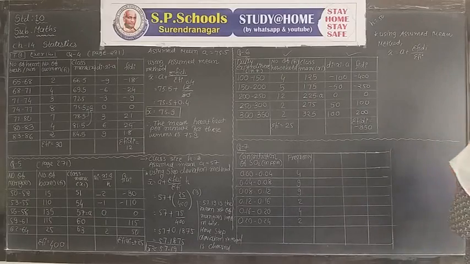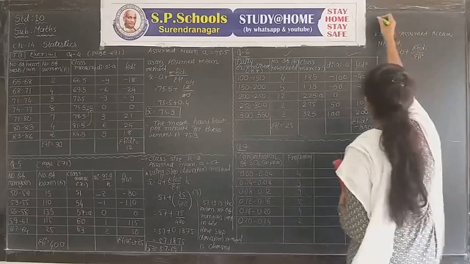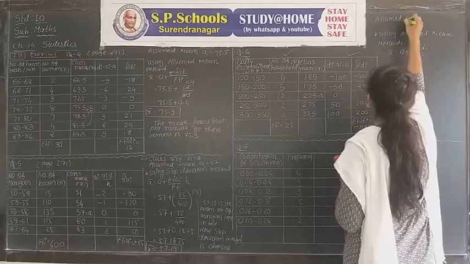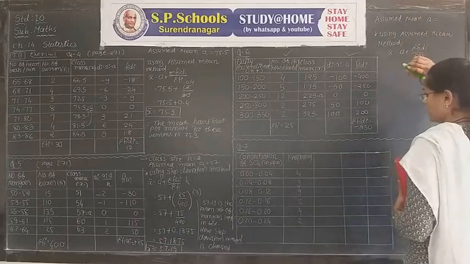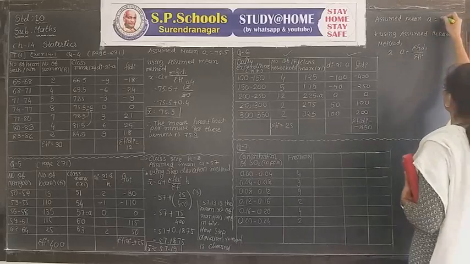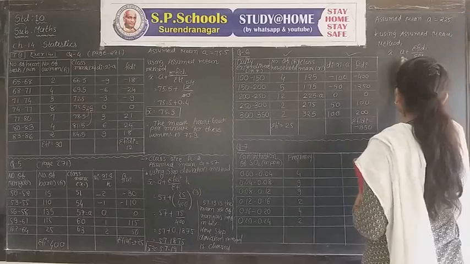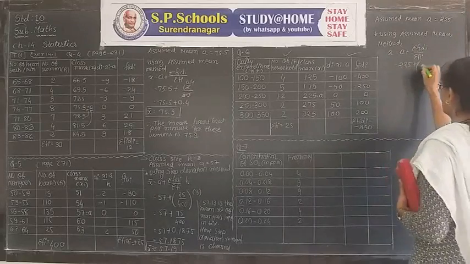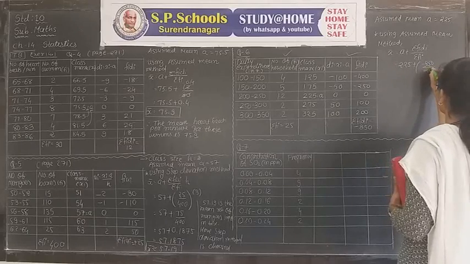Now we go to find the mean using the formula. In the formula we require the assumed mean first. Assumed mean a is equal to 225. Now we substitute the values: a is 225 plus sigma fi di, which is minus 350, upon sigma fi, which is 25.